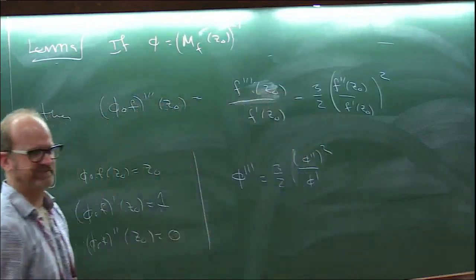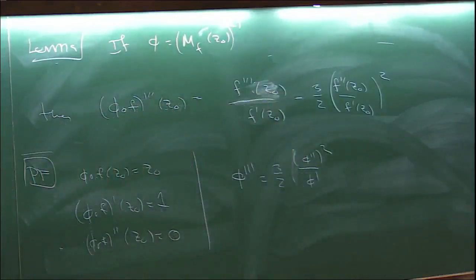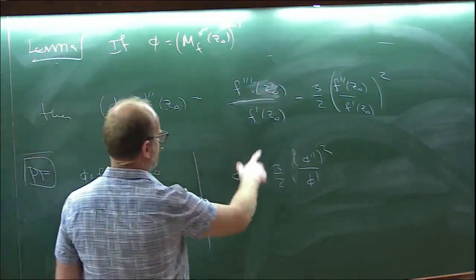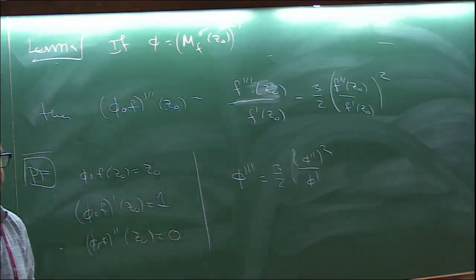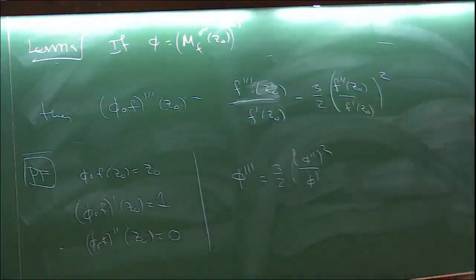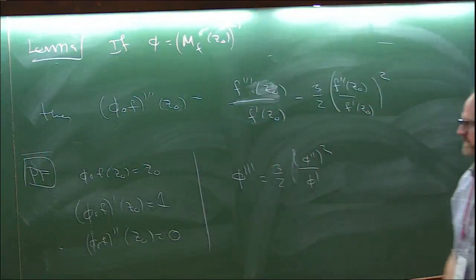I mean, this is an easy thing to check, but you combine these four facts, you write down the third derivative, and you get that formula. And it's a complicated formula, so something funny is, you're going to have to do something mildly complicated to come up with it.